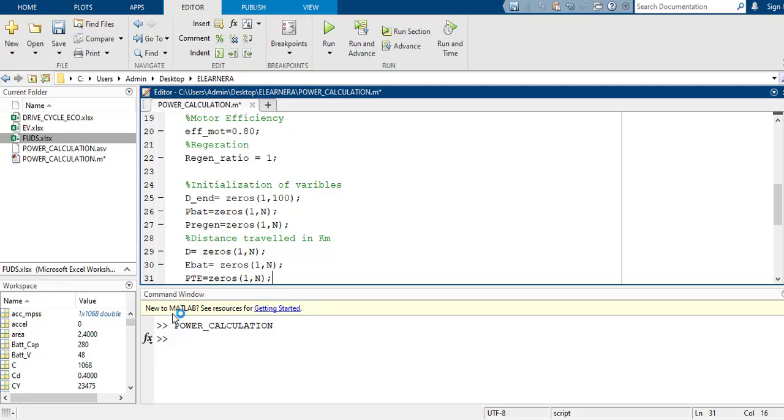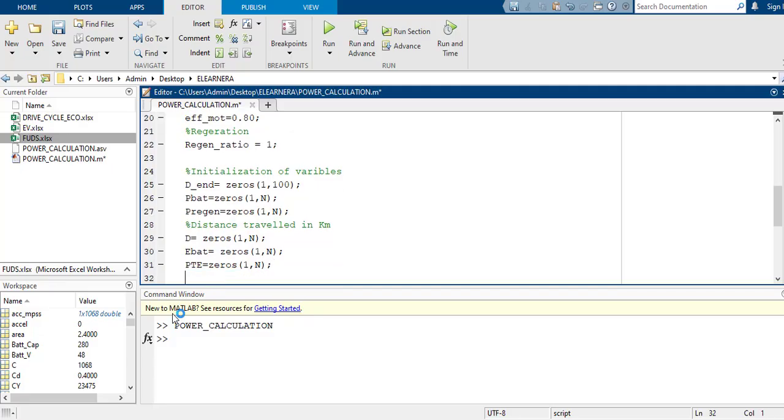And we are doing this for our one cycle, so Cy is equal to 1.